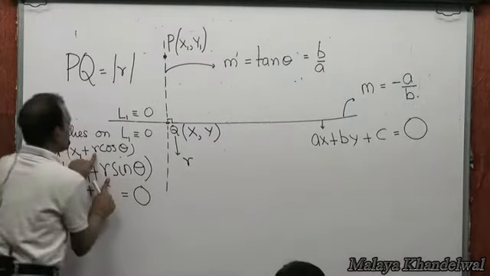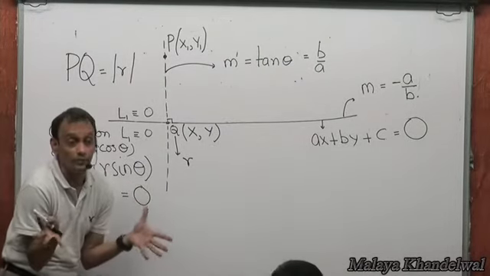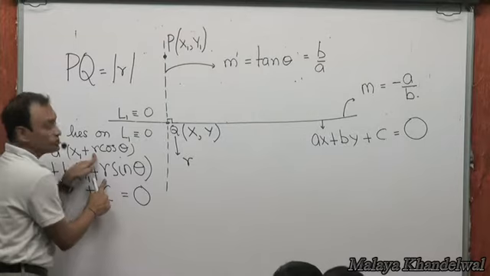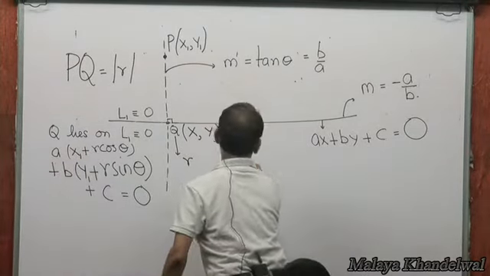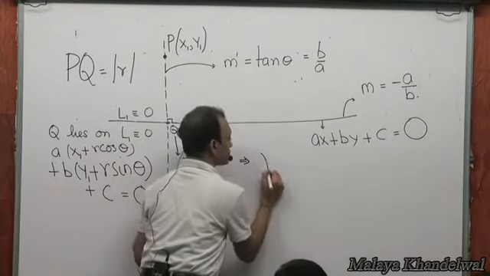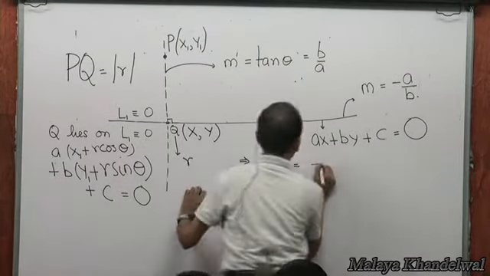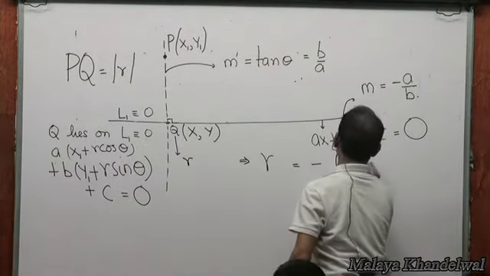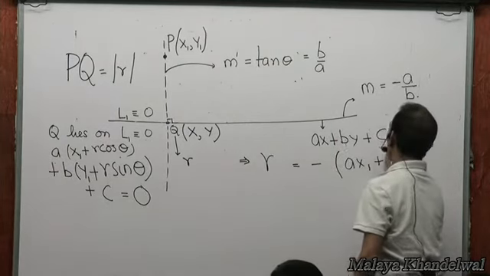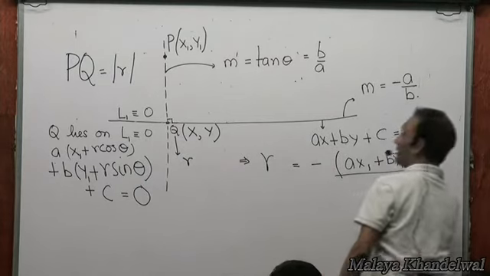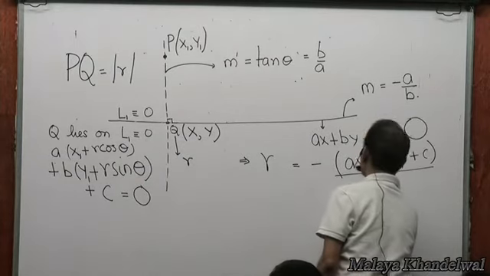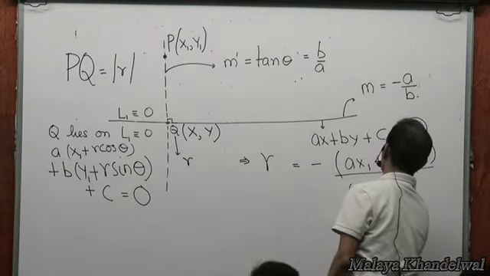Now, let me solve for r because my objective is to find mod r. So it makes sense for me to solve for r. When I solve for r from this equation, r turns out to be minus (ax1 plus by1 plus c) divided by (a cos theta plus b sin theta).